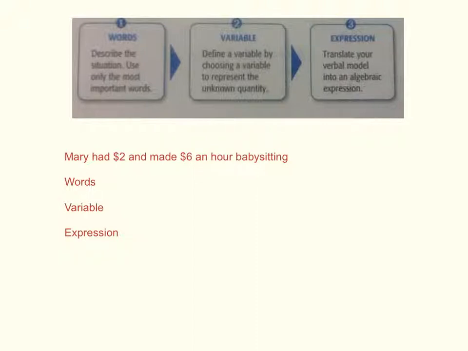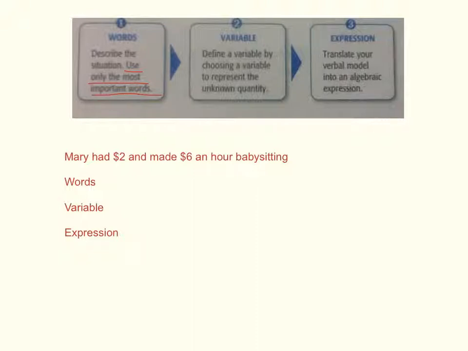There are 3 basic steps you can use. I'm also teaching you the radar technique, but once you've got that completely figured out and you know how not to make mistakes, then maybe you could try something simpler like this. Step 1 is make sure that you are using only the most important words when you're describing the situation that you're presented.